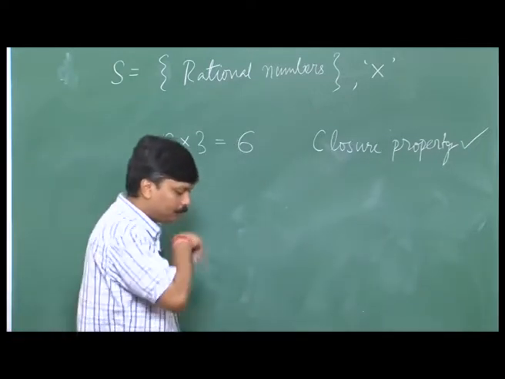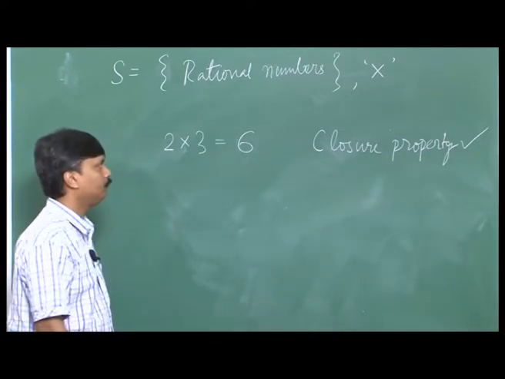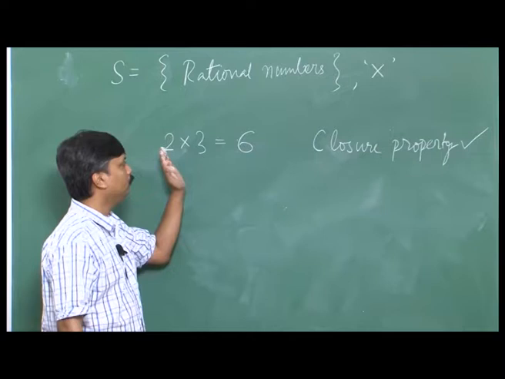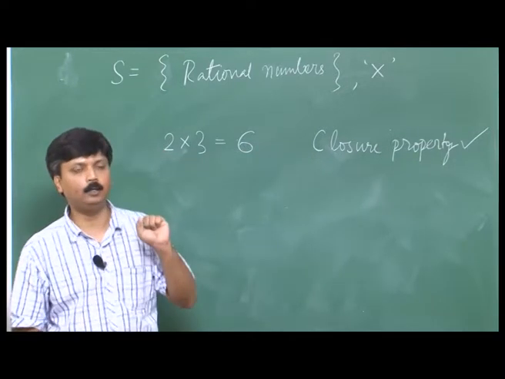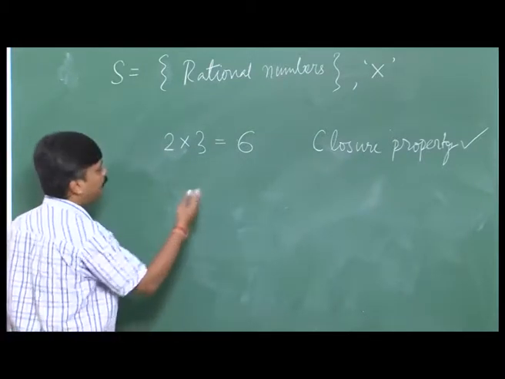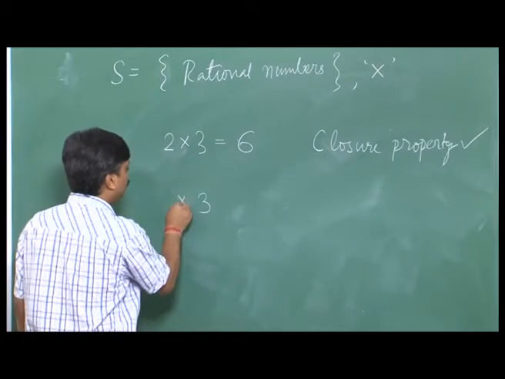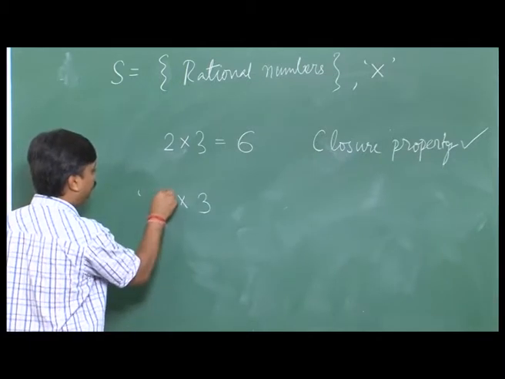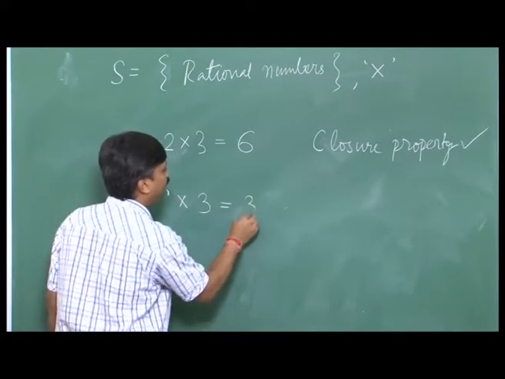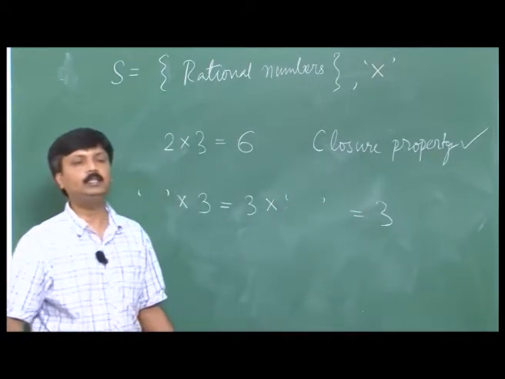Now is there any identity element? It is very easy to find out, right? The identity element will not change the element with which it is being combined, and it will commute with that. So if I take any element, say I again take 3, can I have something, I am putting it under quotes, I am not writing what it is, such that 3 into this equals 3? The answer is very obvious, right?